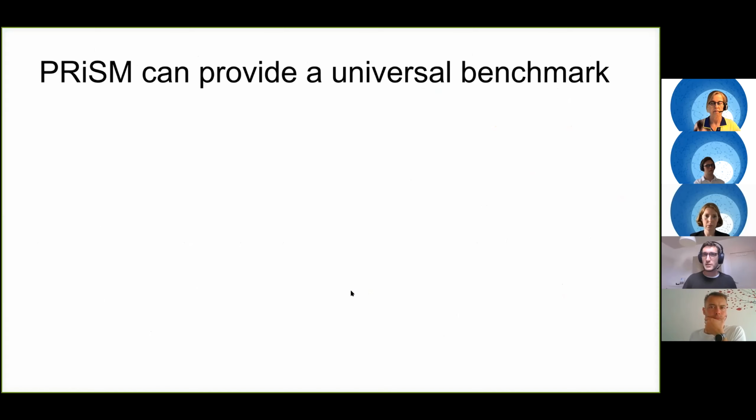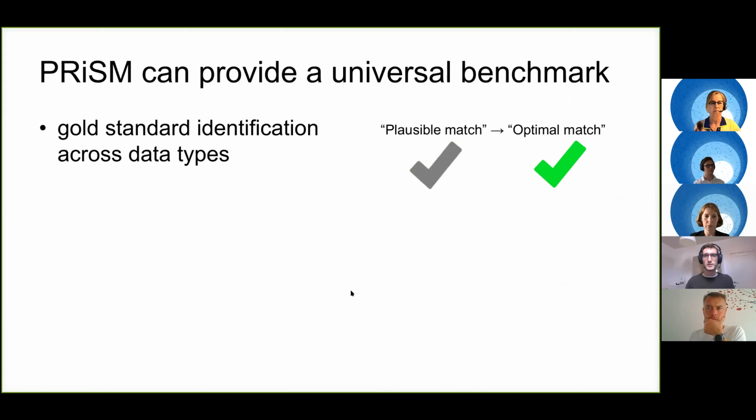But I think at this point, as the project is now, we could first think about using it to provide a universal benchmark, to set a gold standard for identification, regardless of the data type that you are using. So you can properly start comparing methods with each other.